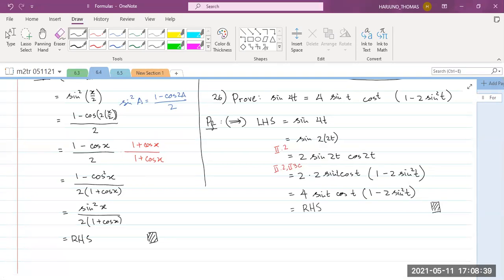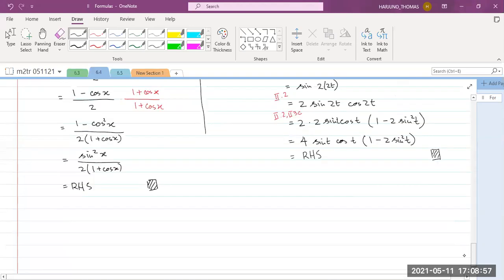Okay, by the way, what are important? Actually, a question like number 29. Number 29 is important. Yeah, number 29 is important. Do you notice that's actually power reduction?